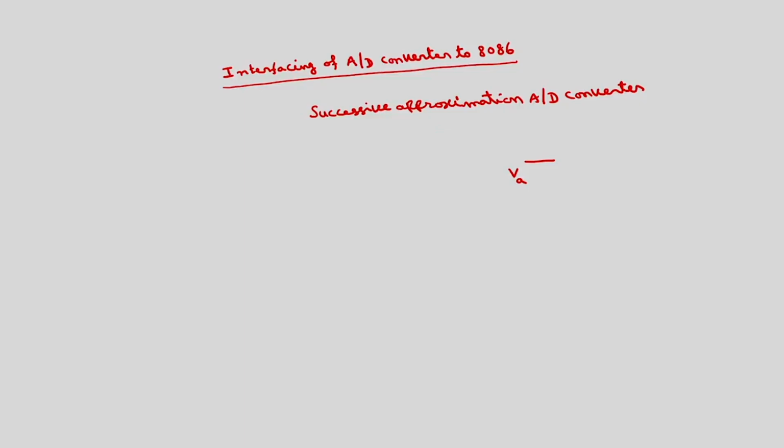In most practical applications we will use 8-bit or 12-bit, but for explanation purposes I am assuming a 3-bit A to D converter. I want 3 bits; this is the analog signal. What is the 3-bit equivalent digital signal?